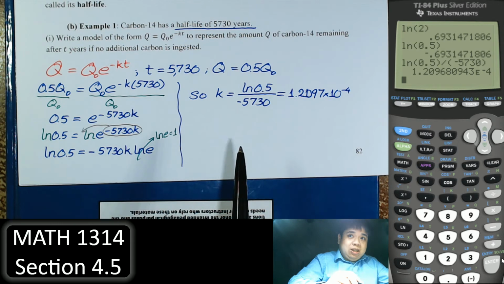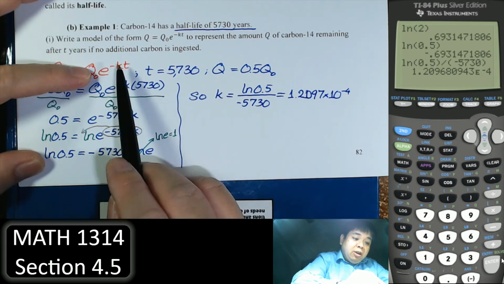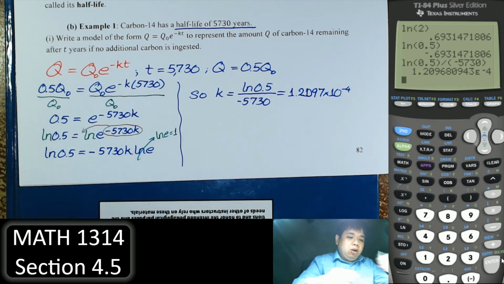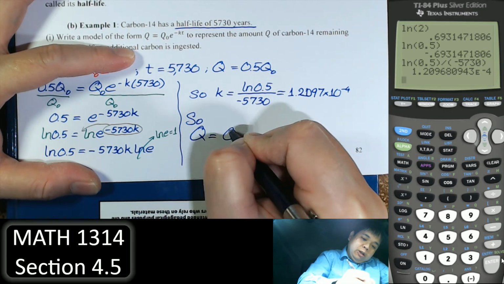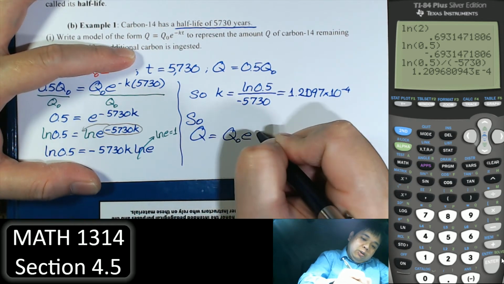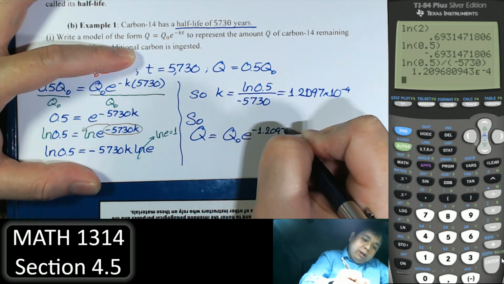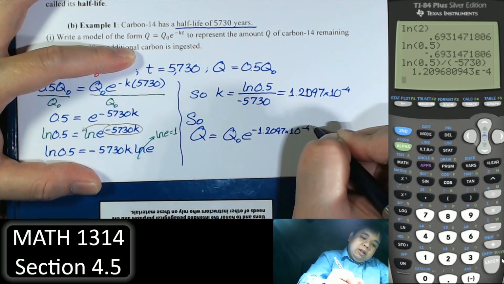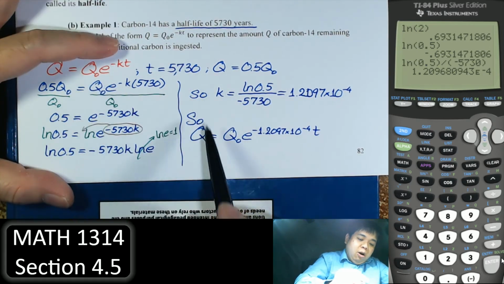You say, why is the rate positive? Well, the k here is positive, but in the model we have the negative, so we still have the negative. Bottom line is, we have Q equal to Q naught e to the negative 1.2097 times 10 to the negative 4 times the time t. So that's the model that we have.